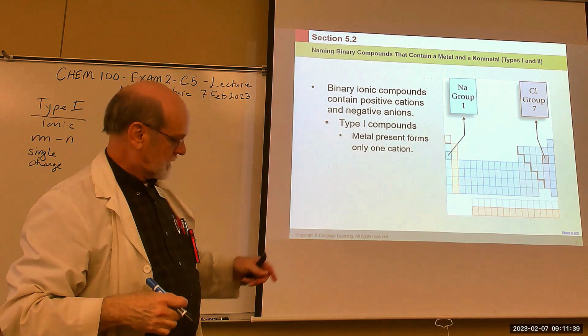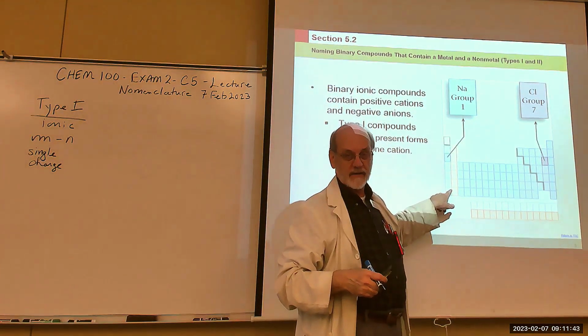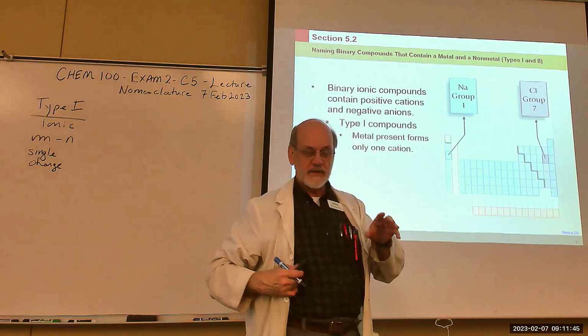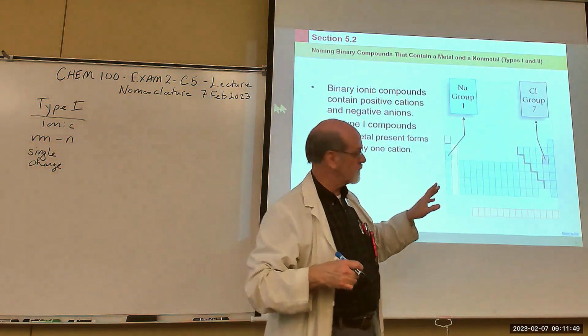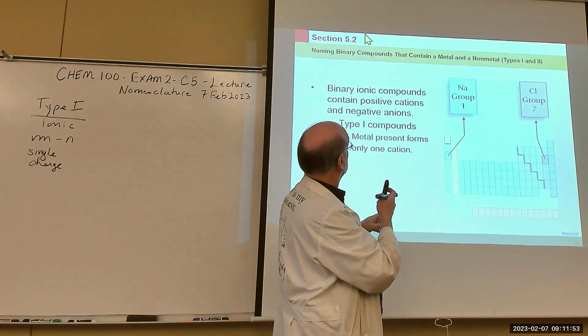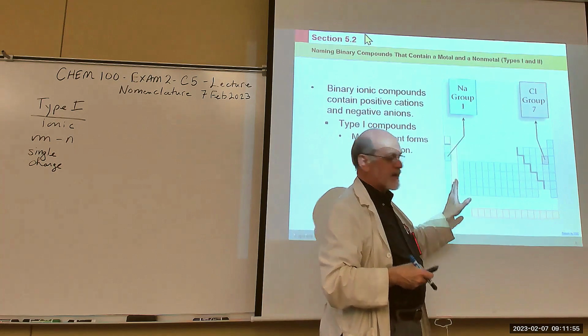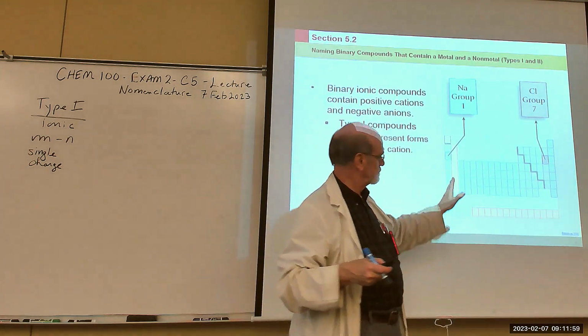The first column, the alkali metals, and if you do the extra credits, it'll be easier for you to learn these things. The alkali metals always have a +1 charge for the metal.